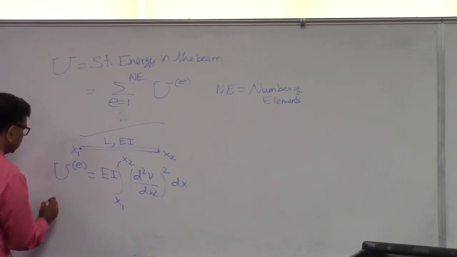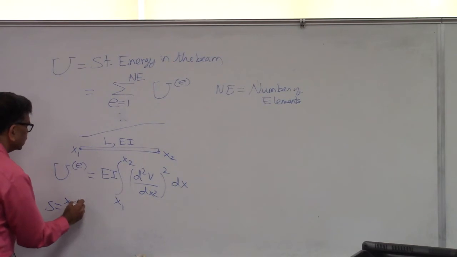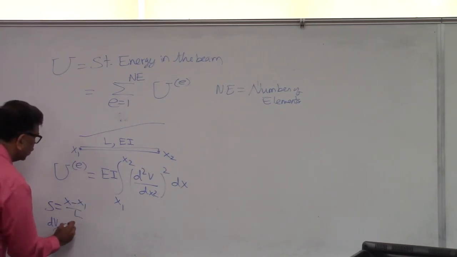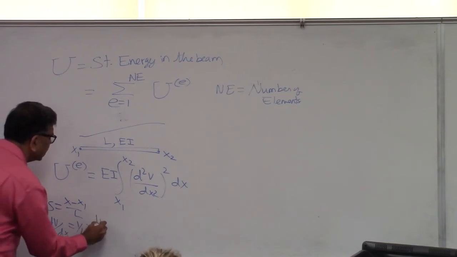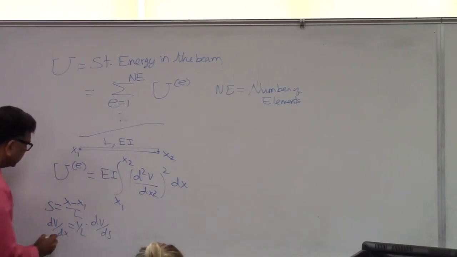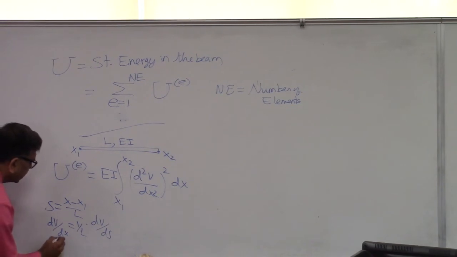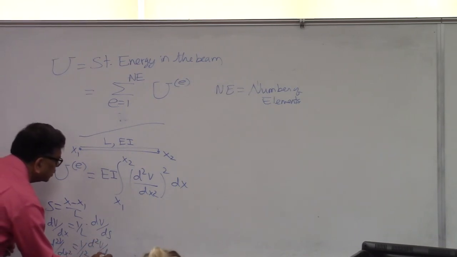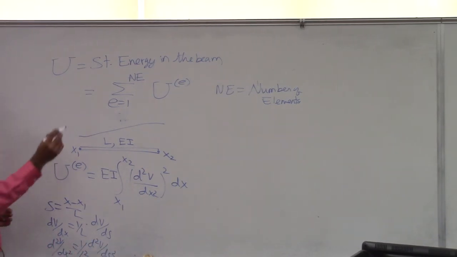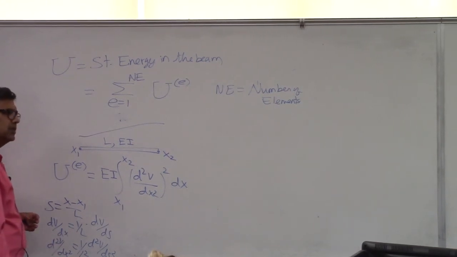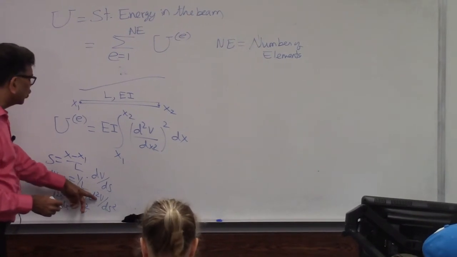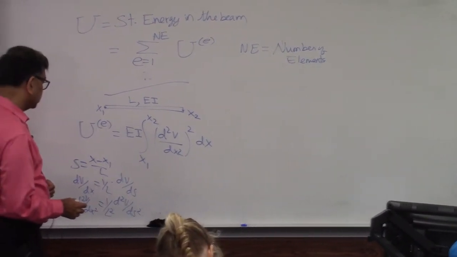We have this equation S equal to x minus x1 over L. dv dx is 1 over L dv ds, and d square v dx square is 1 over L square d square v ds square. It is in the book.